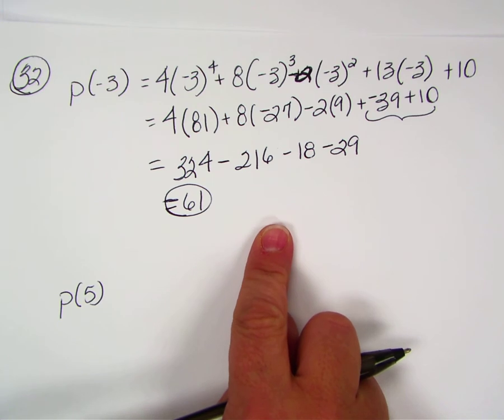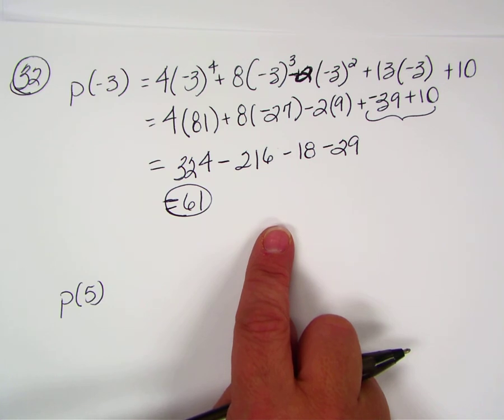Now, that is not hard to do at all. If you know how to do exponents, that problem is simple. But there are so many opportunities to make mistakes in that problem. So I'm going to show you, if you remember the remainder theorem.